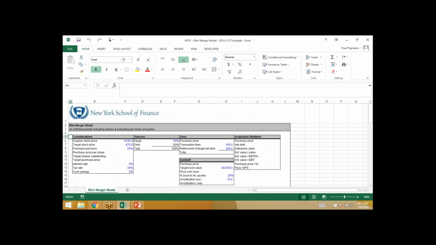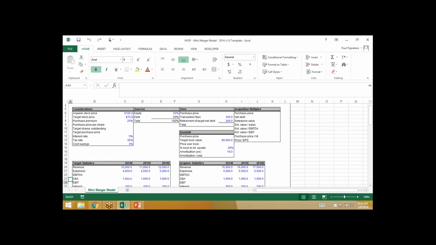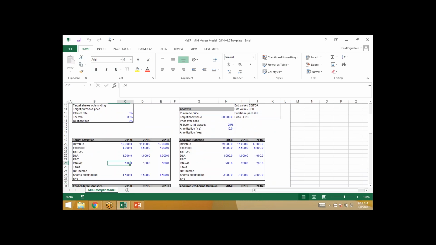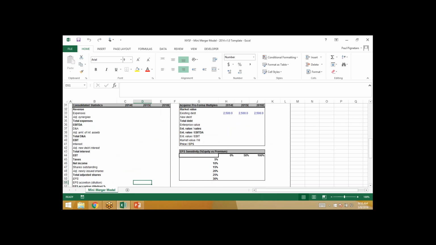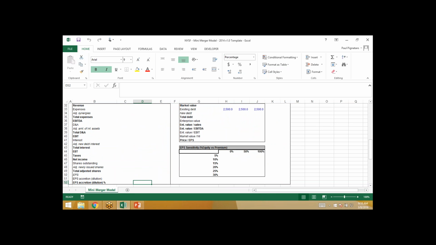Top part, considerations. We're going to lay out the assumptions. Underneath, these are the companies being merged, the target and the acquirer. We'll have to build out their quick income statement. Underneath, this is the heart of the analysis. This is the merger. This is what you should be picturing in mind when thinking about a technical merger. We'll put that together. And then we have multiples and sensitivities.